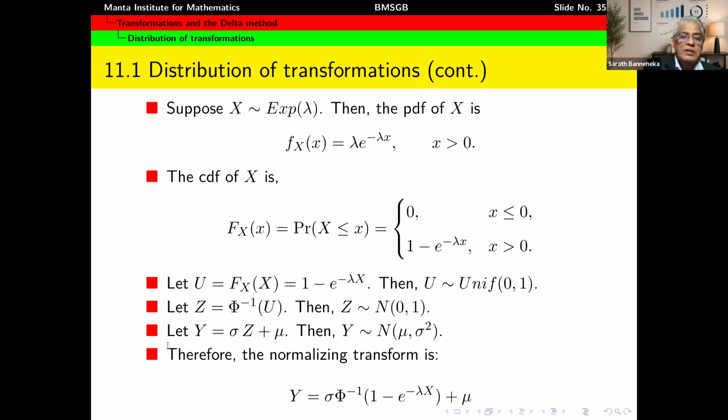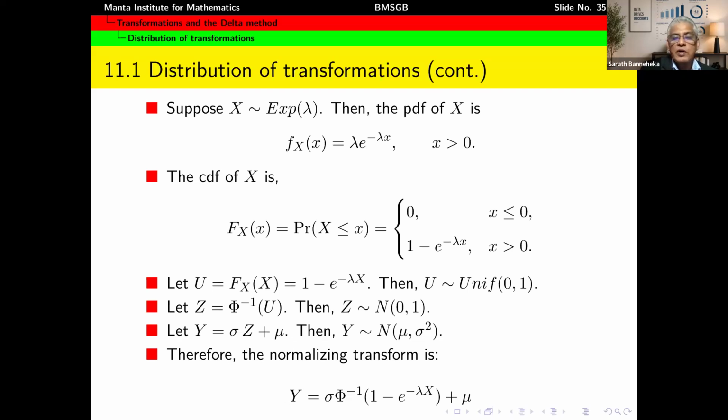Then if we specify the mean and standard deviation sigma we want at the end, we can convert these Z values into Y by this transformation. Then Y will be normally distributed with mean mu and variance sigma squared. So if I write down the whole transformation by combining these three, Y will be sigma times Z, where Z is phi inverse of U, and then plus mu.